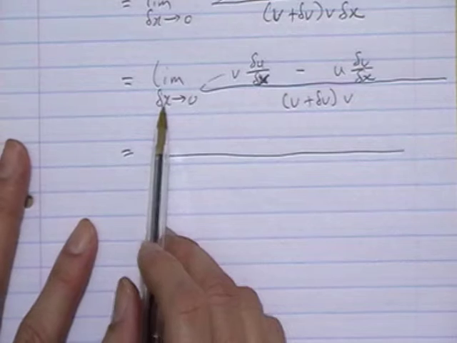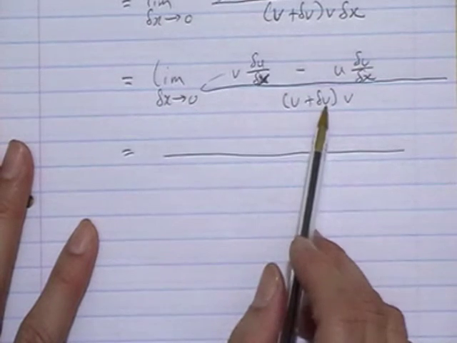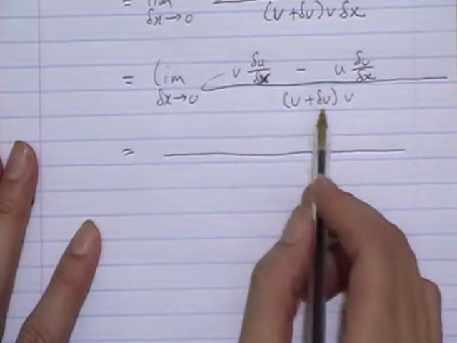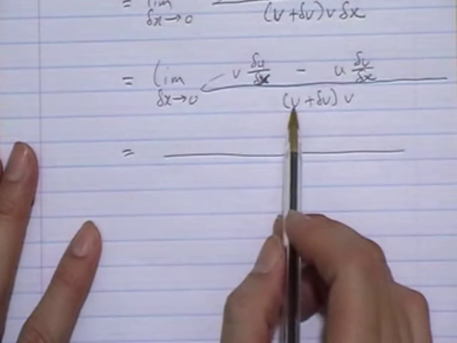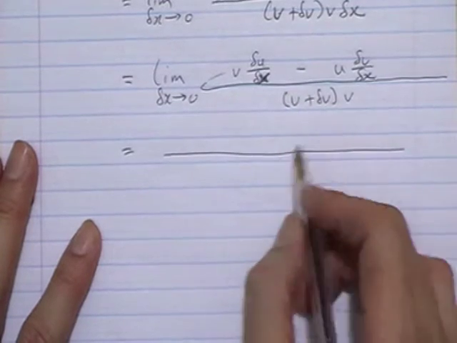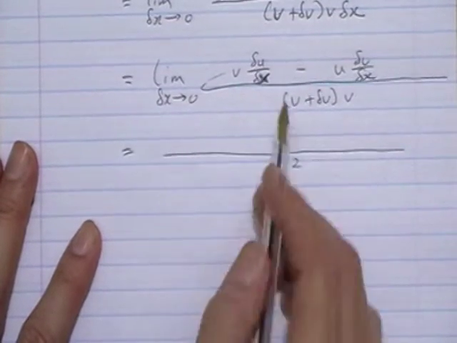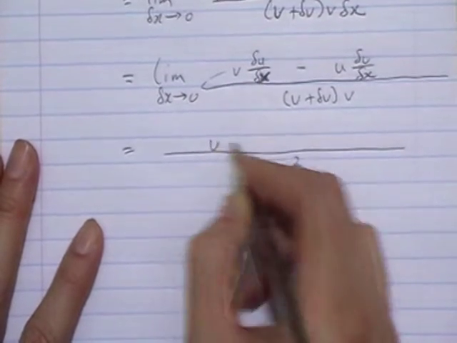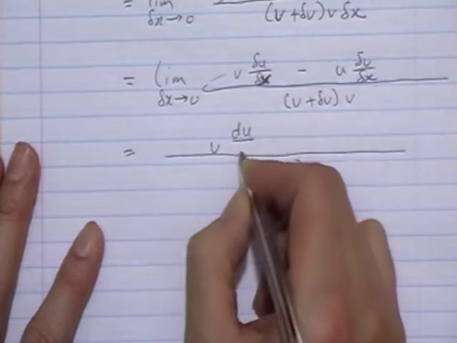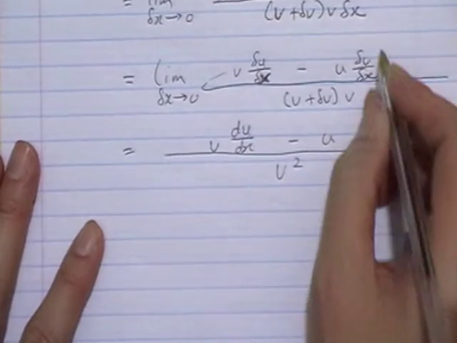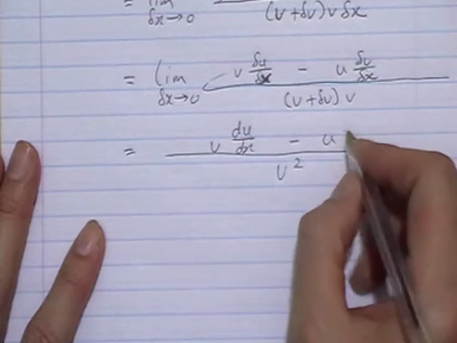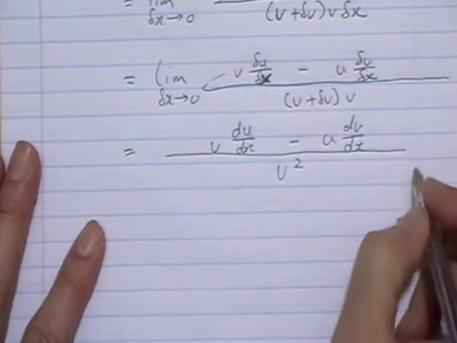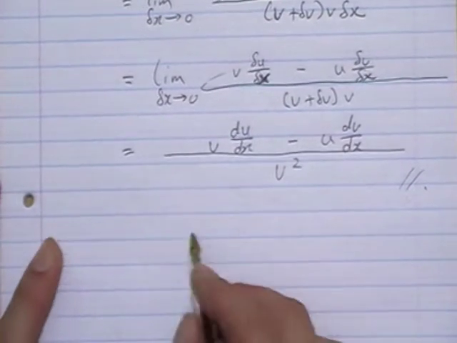If delta x is 0, there's no change in the v, so delta v is just 0. At the bottom then we have that 0, and we have v times v, which is v squared. And then delta u over delta x becomes du dx. Delta v over delta x becomes dv dx. And this proves the quotient rule.